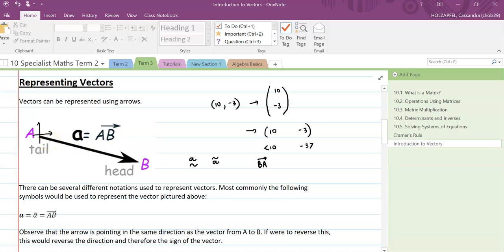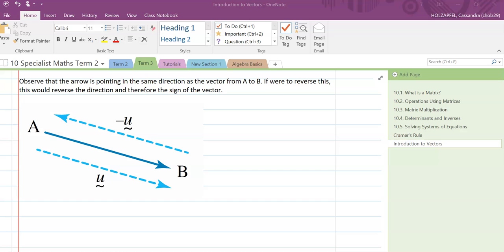It's acting in the opposite direction, and so we can represent that using a negative symbol instead. So here's just a quick example. We've got this vector here from A to B, and again we can represent this as AB using an arrow. Alternatively, we can represent this using the vector U. If we reverse the direction, then that means that we are also making this vector a negative.